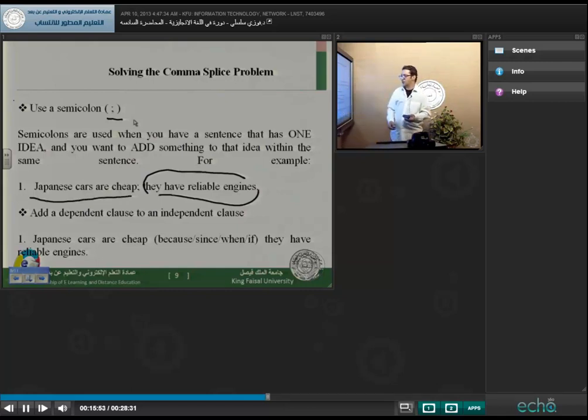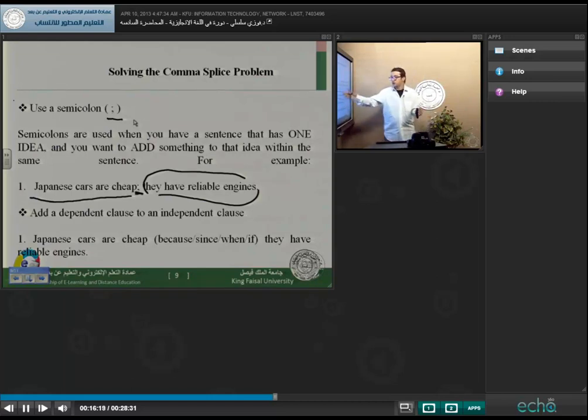Japanese cars are cheap, right? They're cheap. I want to add to it that they have reliable engines. What do I use? I use a semicolon, right? A semicolon, you can think of it as a full stop, as a period. It functions as a period because the two sentences are full sentences.